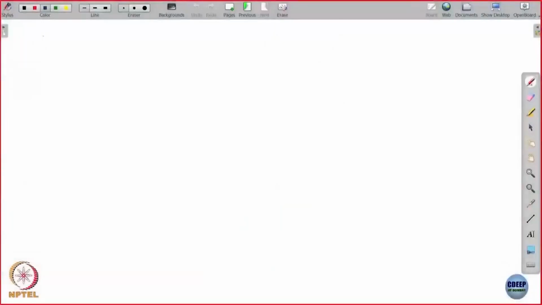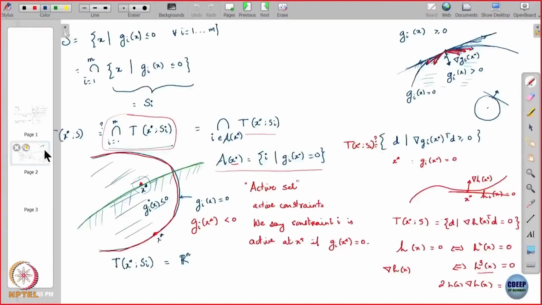So what is it that we need to fix this? What conditions will ensure things? Let's come back to this again. We would have liked that tangent cones can be described using formulae like these. This is what we want.